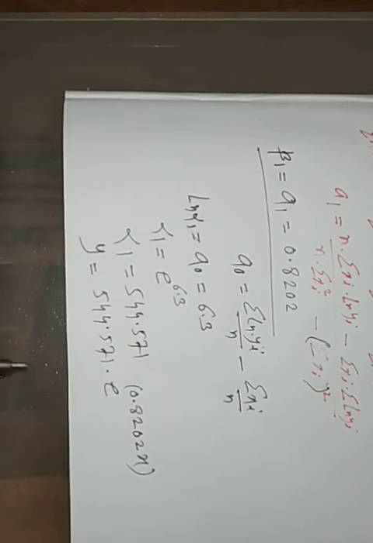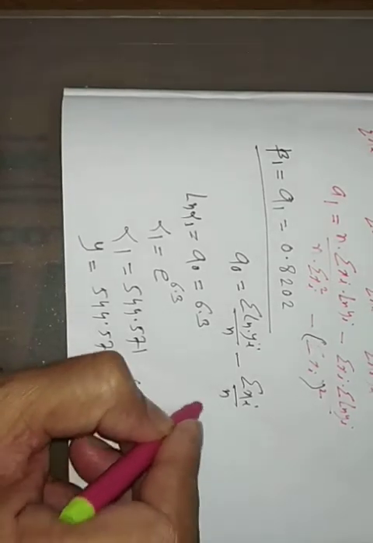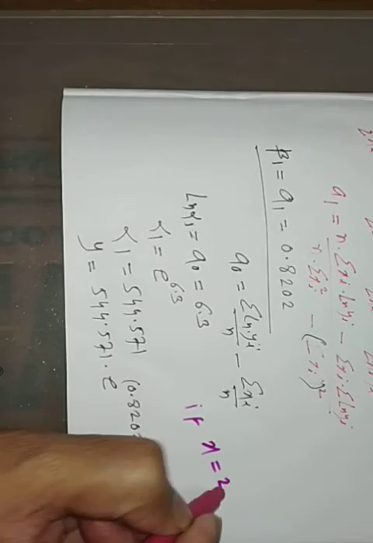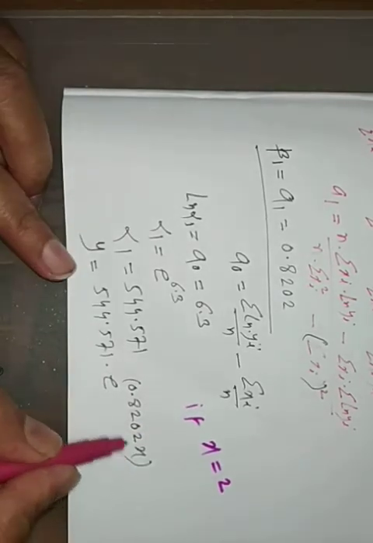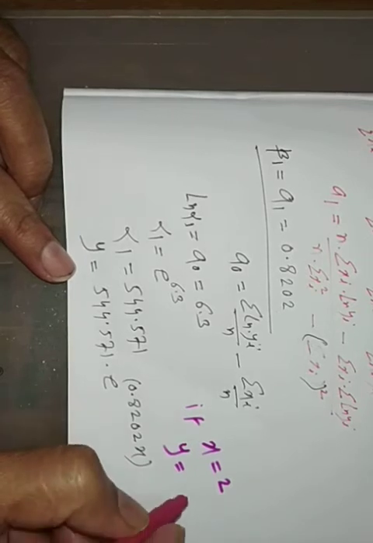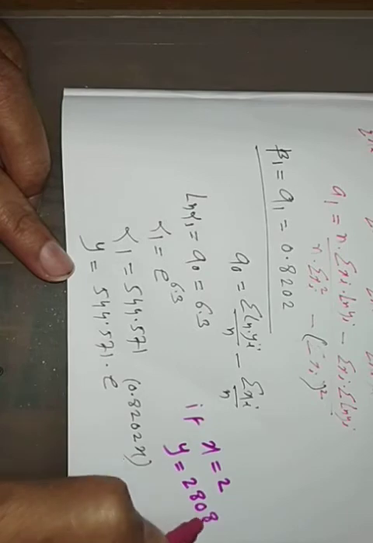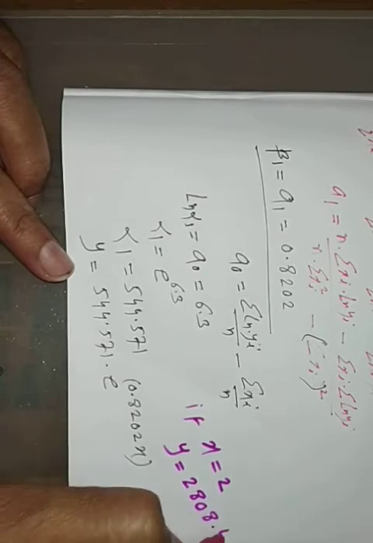So for example, if x is equal to 2, you put x in this equation, you will get y is equal to 2808.4.